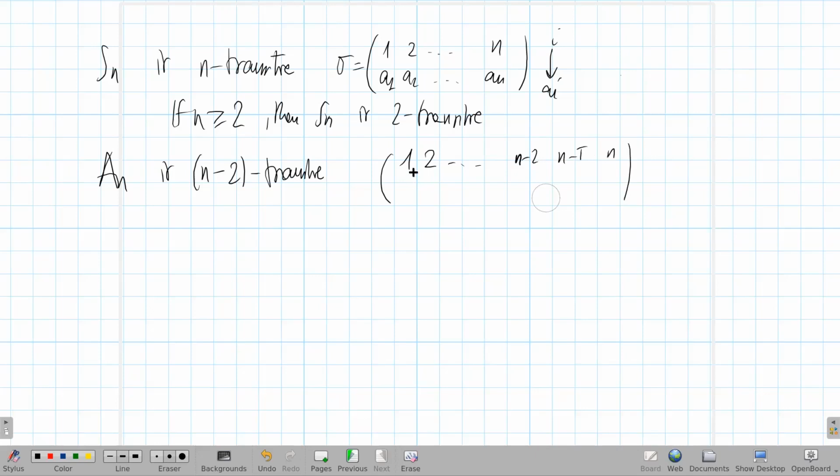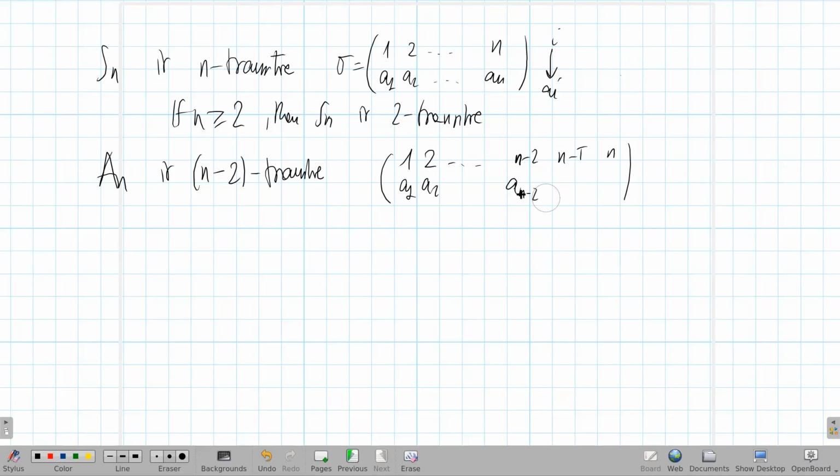Take a permutation that takes 1 to a_1, 2 to a_2, where all these elements are distinct, up to n-2 being sent to a_(n-2). So far, I have a permutation which takes these elements to these elements here.